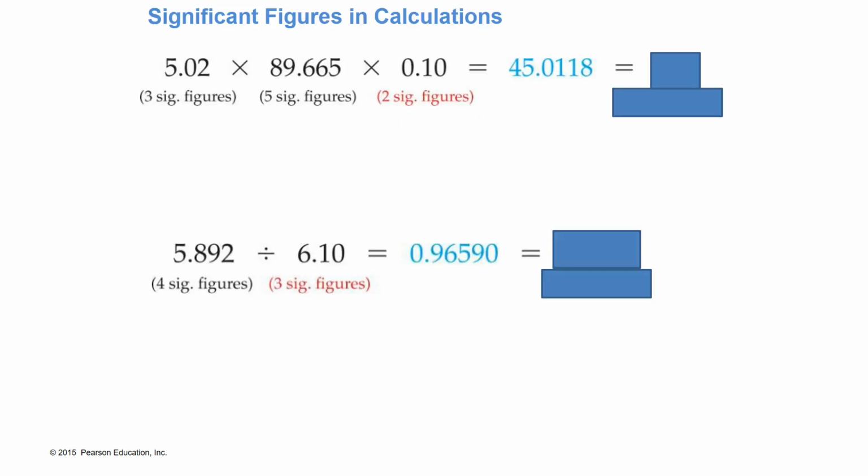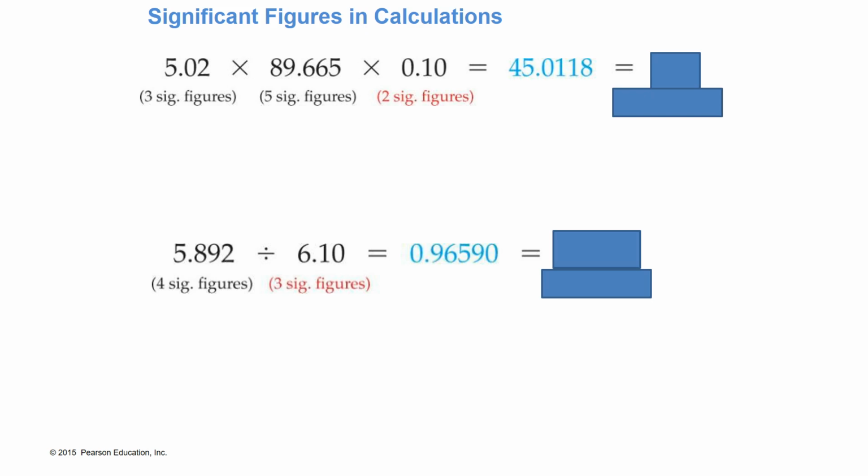All right, so let's look at some examples. The first example I have is 5.02 times 89.665 times 0.10.